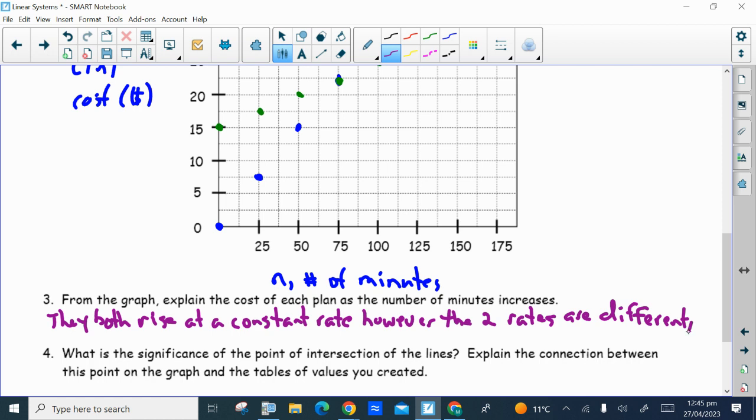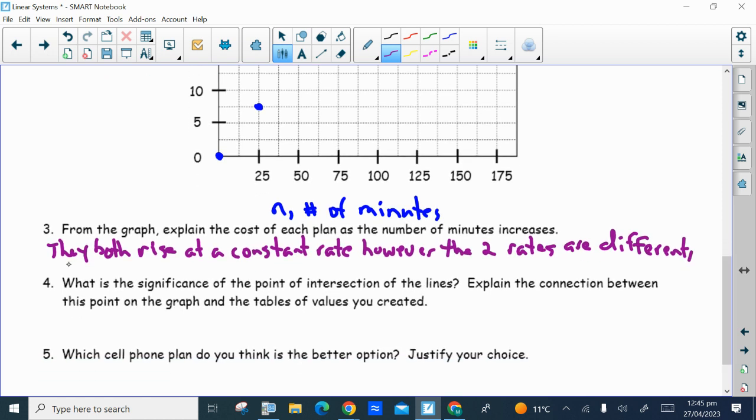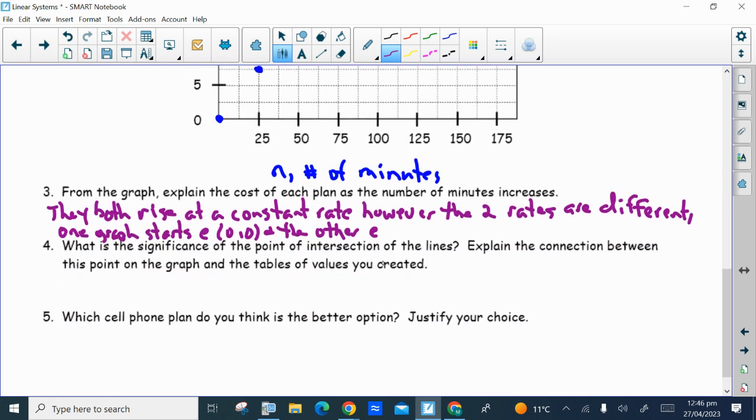The other thing that is different about them, one graph starts at 0. We'll say the point (0, 0), and the other at the point (0, 15).